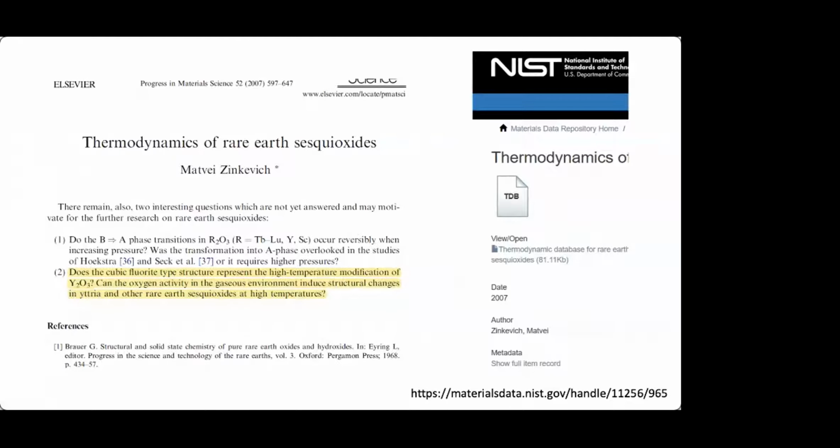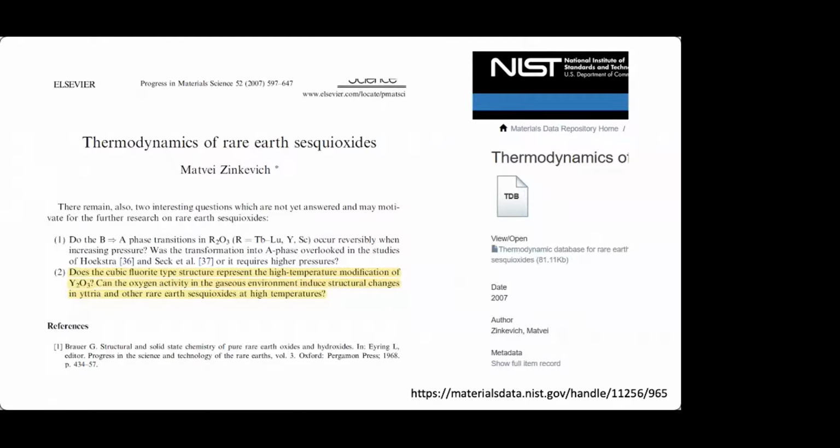Now, our involvement in high temperature X-ray diffraction actually started with CALPHAD. This is the review by Mikhail Zinkevich published in 2007 on thermodynamics of rare earth sesquioxides.